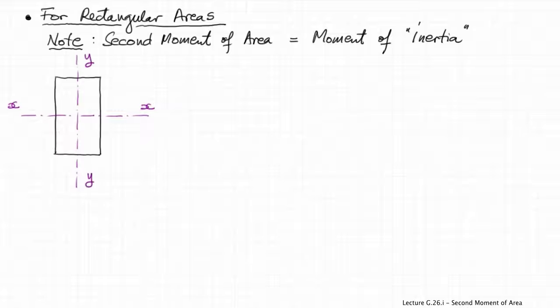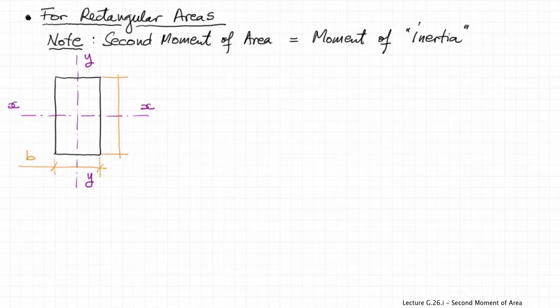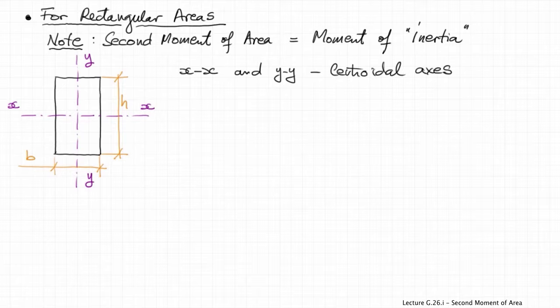So look at this rectangular section. It's taller than it's wide. So its width, we can call it again b. Let's call the depth h. And the two centroidal axes are x horizontally and y vertically. So they both go through the middle of the section in either direction.